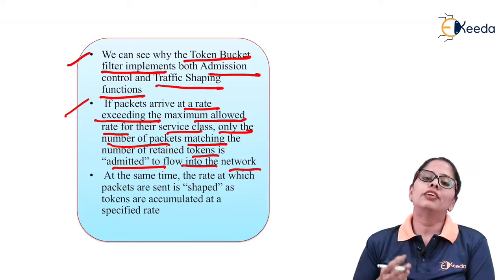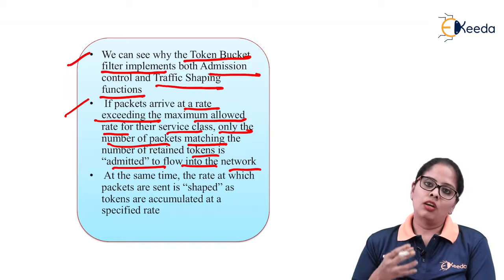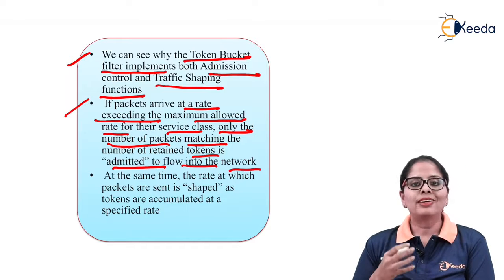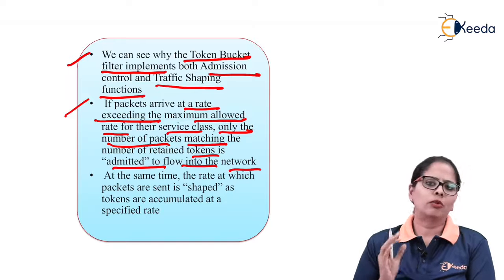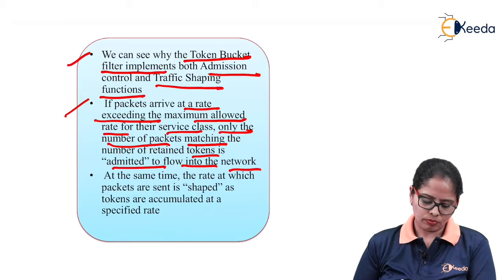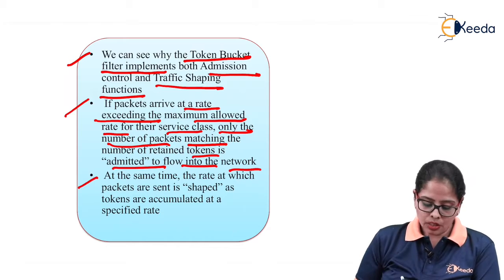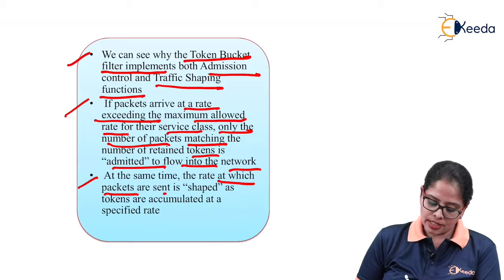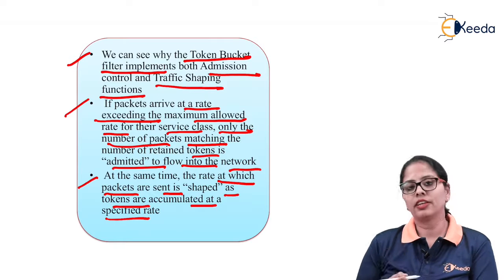Now how do we put the restriction on admission? However many packets you want to allow into the network, only that many tokens you are going to put. At the same time, the rate at which packets are sent is shaped, as the tokens are accumulated at a specific rate.